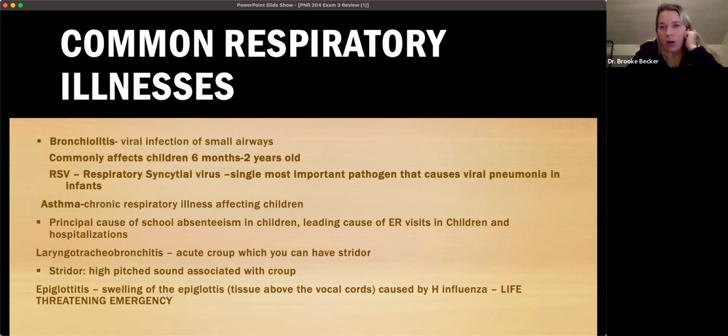Asthma, you guys probably all are aware of asthma. That's one that's pretty commonly known about. So these kids are going to be wheezy throughout. They're going to need albuterol inhalers or nebulizers for their rescue, but they may also be on a corticosteroid, like a daily inhaler, like Symbicort or something like that.